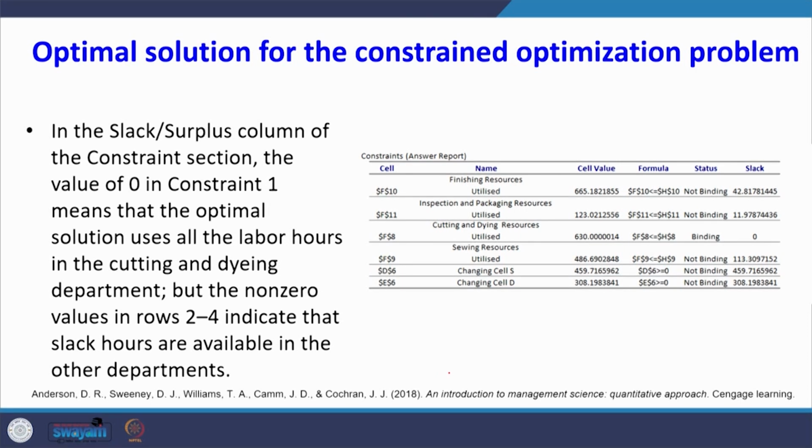Here we can interpret the meaning of slack and surplus also. Here all the constraints are less than or equal to type, so we can say all the variables are slack variables.